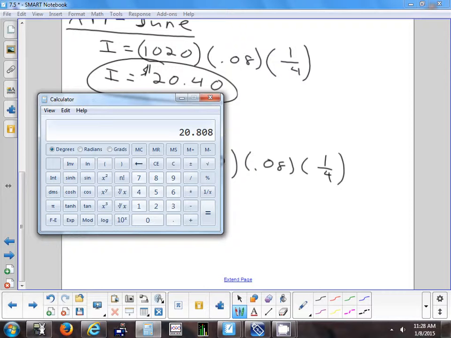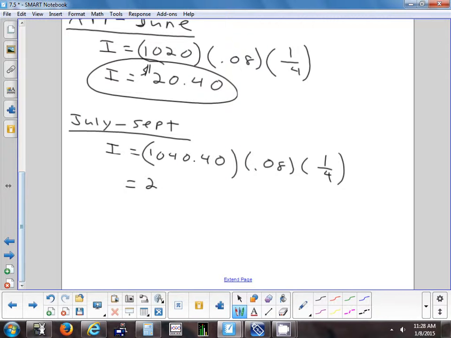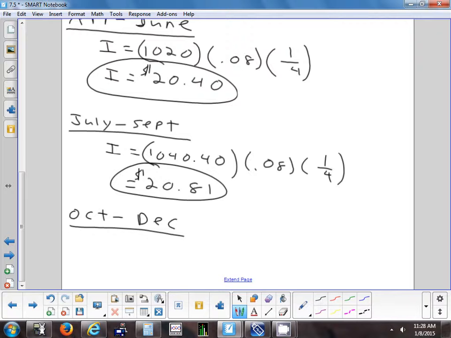Okay? So let's just round that to $20.81. So that's how much interest we made in July to September. At the end of September, that amount of money is going to be deposited into our account, and that's going to give us our principal for the last quarter of the year, October to December.